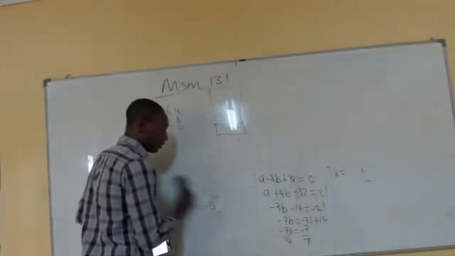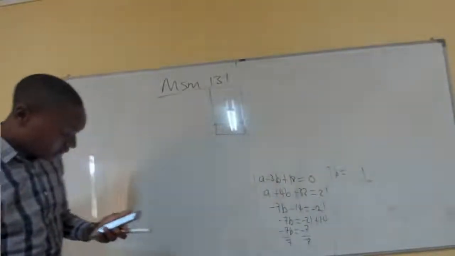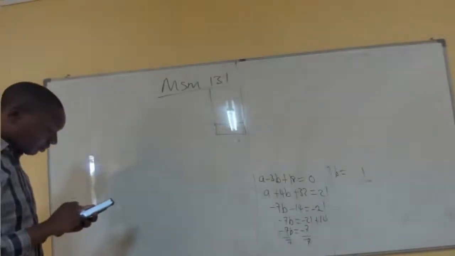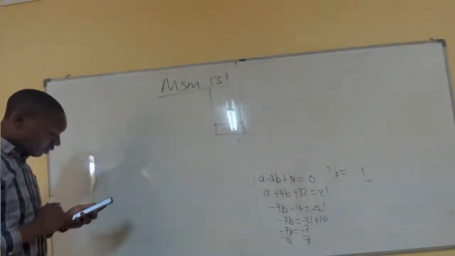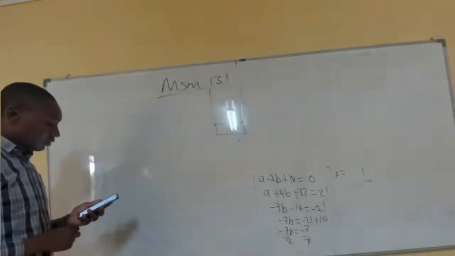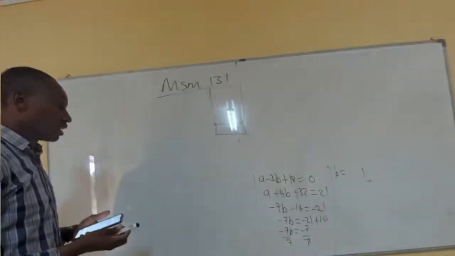Right, next question. The next question says, now that we found the values of A and B, factorize T(x) completely.